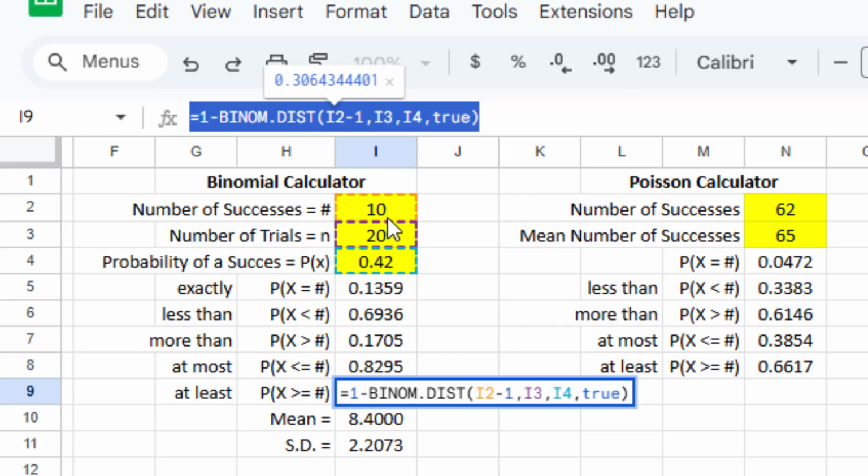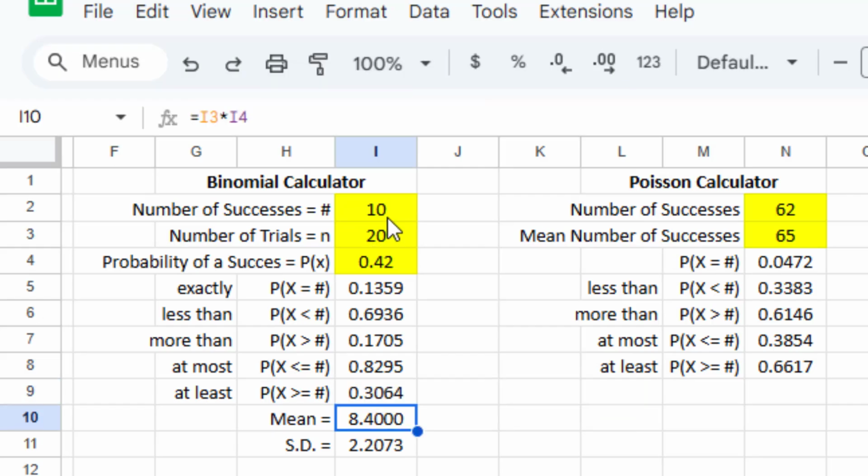So now we're taking the binomial distribution of 9, and then we're subtracting that from 1, i.e. the function using 9 gives us the probability of being 0 through 9, and we add up all those probabilities. We subtract that sum from 1, and it gives us the leftover piece, which are the probabilities of 10 up through 20.